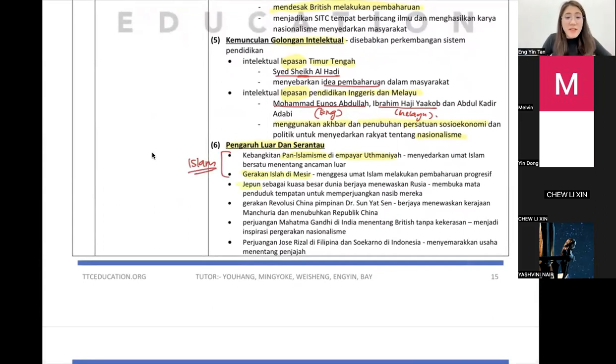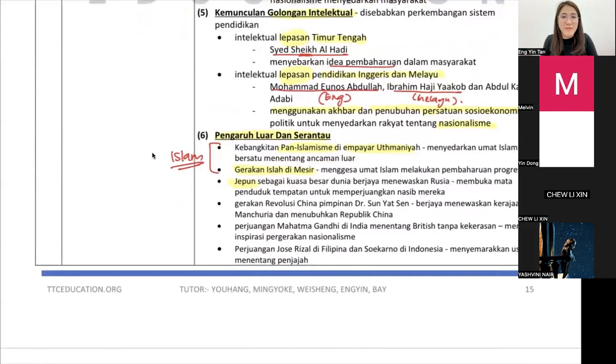Japan, because they defeated the Russia. So this is like a big news for the Asians, because like first time Asian defeated the Kuasa Eropa, so it's like a big thing. You see, this proved that Asian, as long as we try our best, we change our method, we modernize our country, we can change the future.